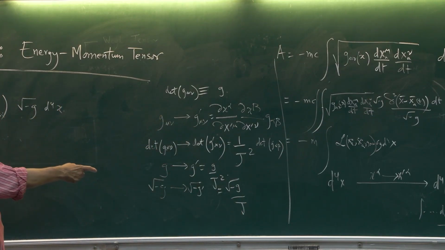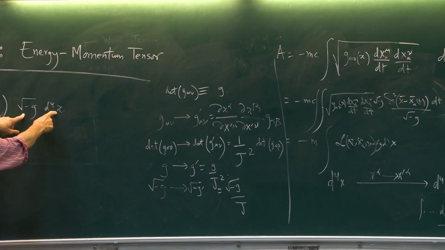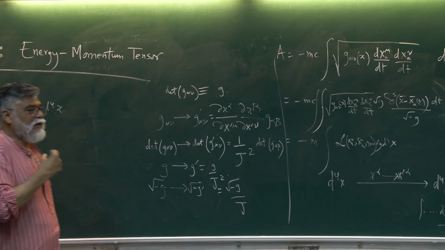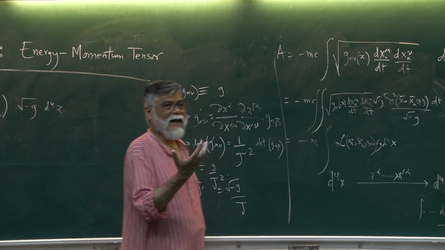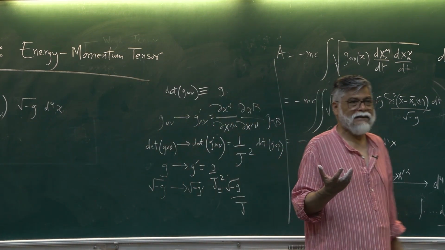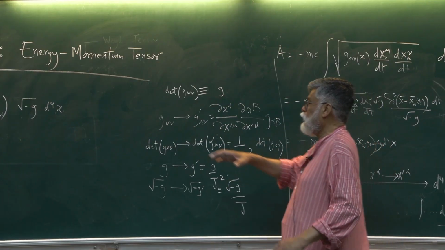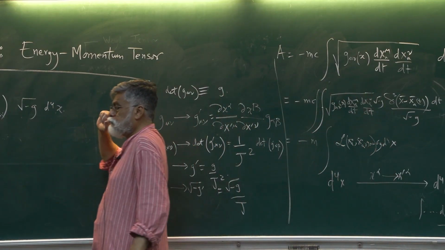So root minus g d4x is invariant, and that's the reason why, when we are dealing with Lagrangian density and action in a curvilinear coordinate system, we put root minus g d4x.